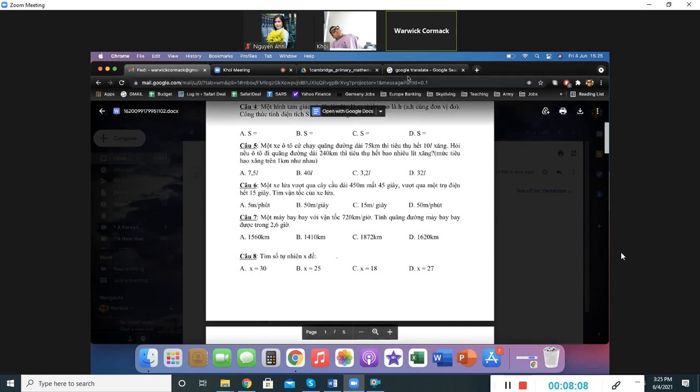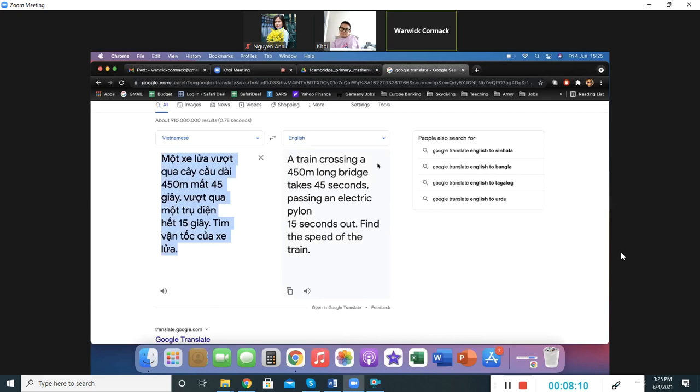It makes a little bit of sense if we look at it like this. A train crossing a 450-meter long bridge takes 45 seconds, passing an electric pylon 15 seconds out. So it almost sounds like we must minus the 15 from the 45.